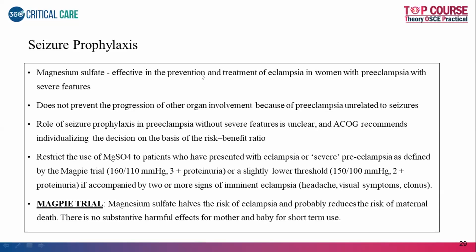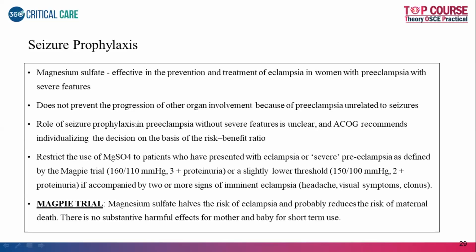Magnesium sulfate is effective in the prevention as well as treatment of eclampsia in women with preeclampsia with severe features. So any patient with preeclampsia with severe features, you can give seizure prophylaxis in the form of magnesium sulfate. It does not prevent the progression of other organ involvement in preeclampsia unrelated to seizures.